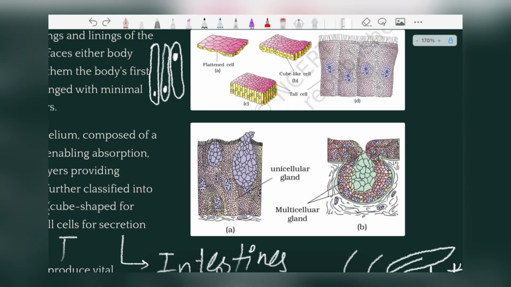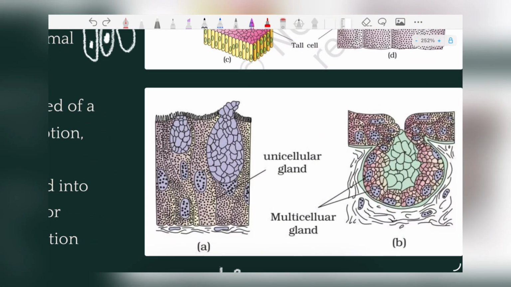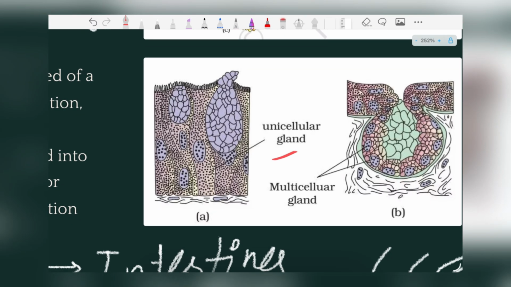This is a unicellular gland, and this is a multicellular gland.